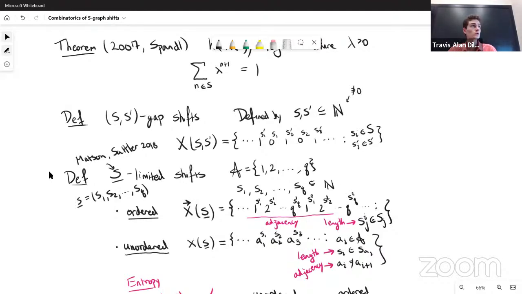The one question that I have thought about is, so you have an S-gap shift. You can ask not just whether there is one that has a certain entropy, but is there one with few vertices? Because the number of vertices tells you the size of the alphabet. Given an entropy, say log lambda, in principle, without any other knowledge, maybe you can get it with the ceiling of lambda number of vertices.